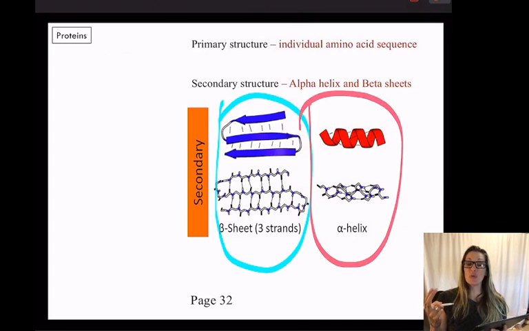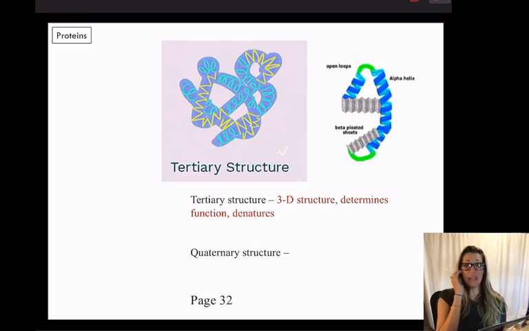A single protein can have some parts folded into a beta sheet and some parts twisted into an alpha helix. So the primary structure was a line of amino acids, the secondary structure is folded into alpha helices and beta sheets, and then the body further folds those into the tertiary structure.